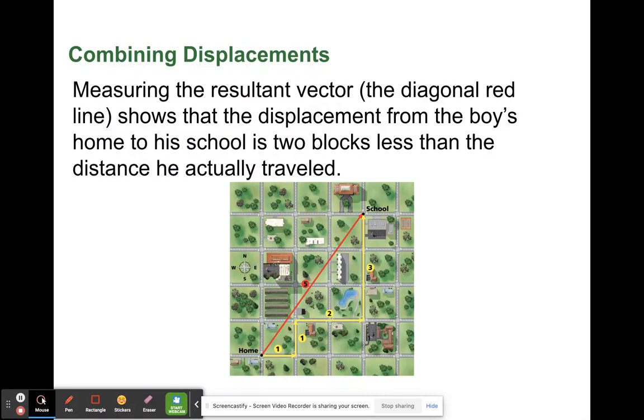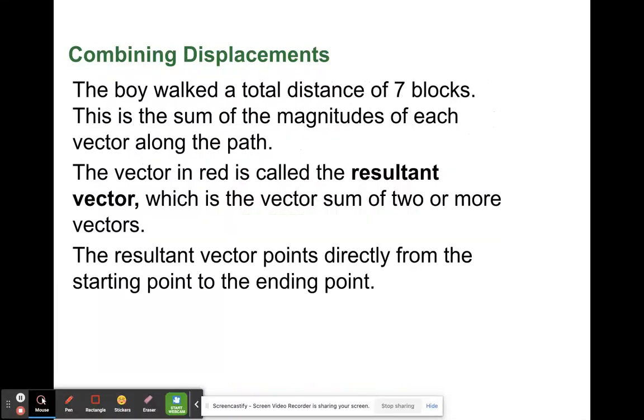In physics, we use displacement most of the time, but there are times where we do use distance. The boy walked a total of 7 blocks when we sum the magnitudes of each vector along the path. But the red is called the resultant vector, which is the vector of the sum of 2 or more vectors, right? The resultant vector points directly from the starting point to the ending point.